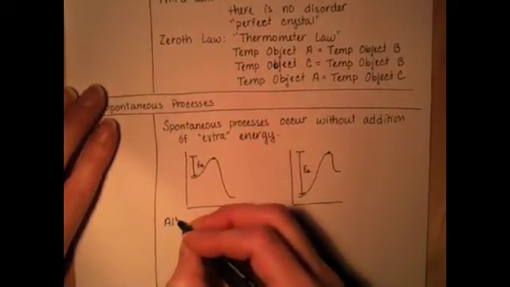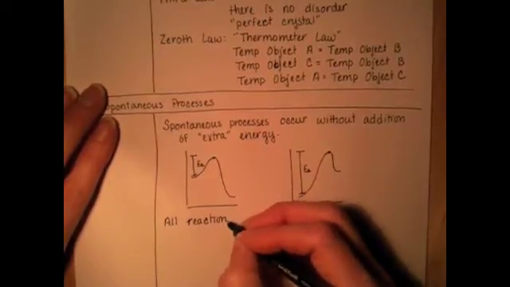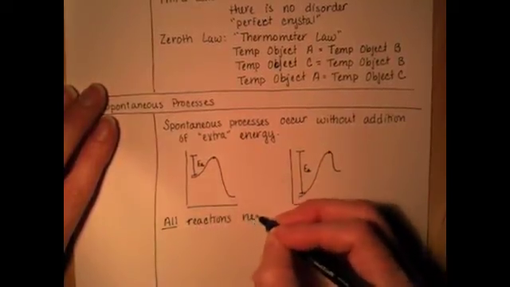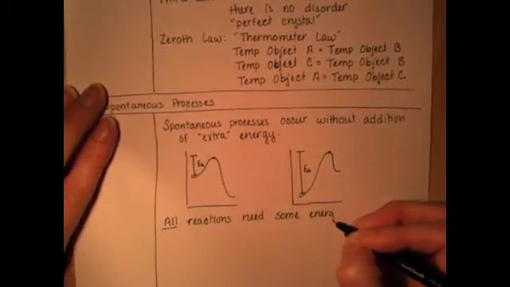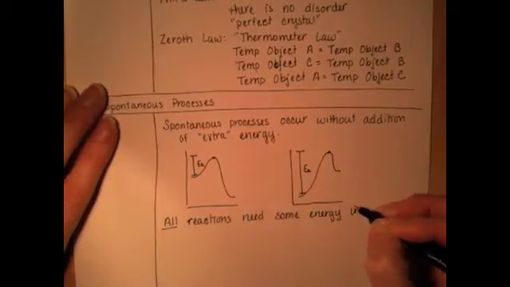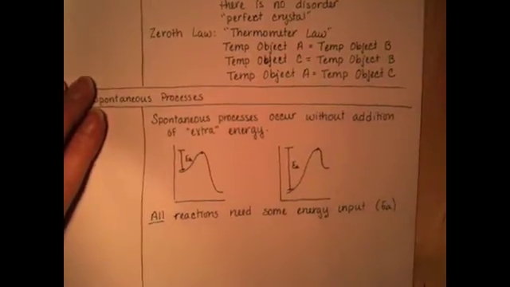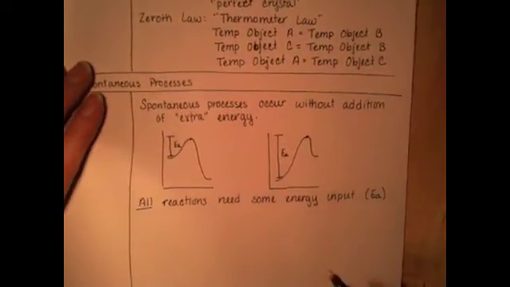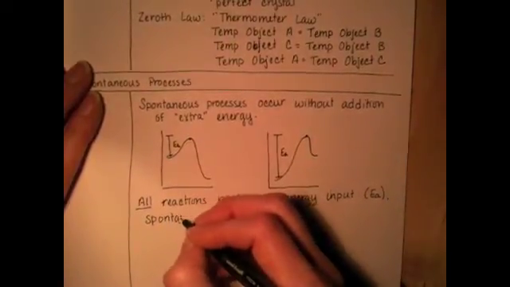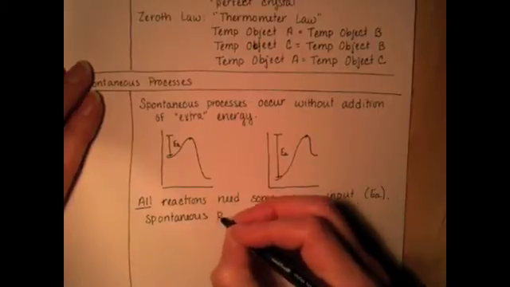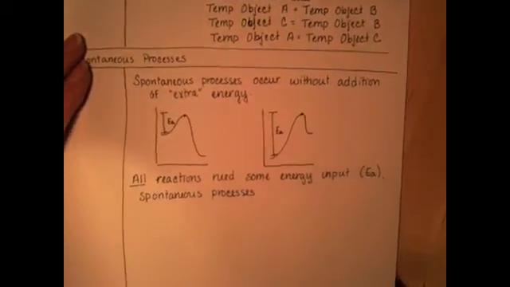So just for the sake of reminder, let's write down that all reactions, all of them, need some energy input. The activation energy, E sub A. Spontaneous processes occur without the addition of extra energy.